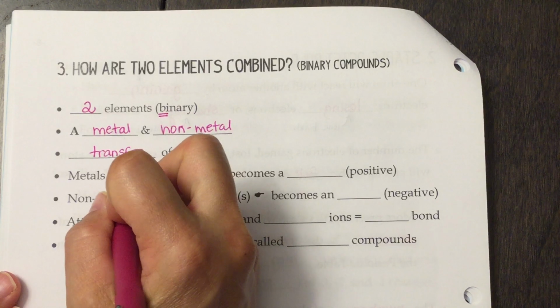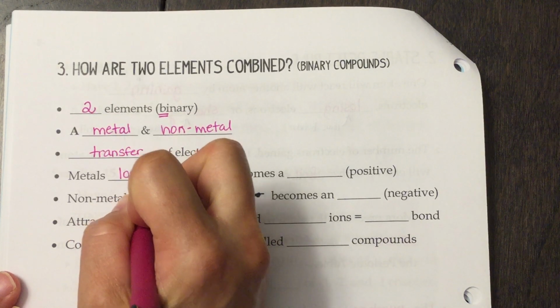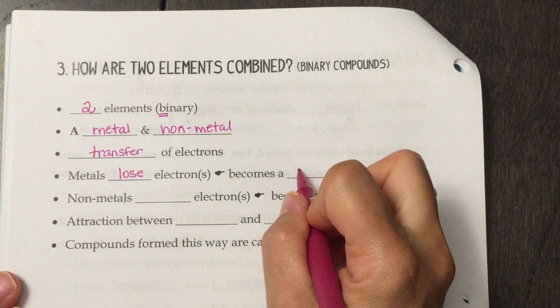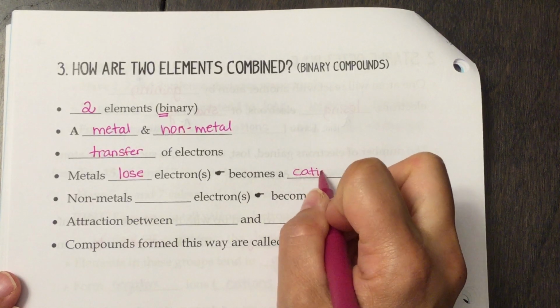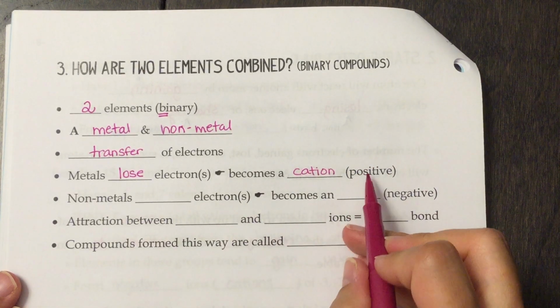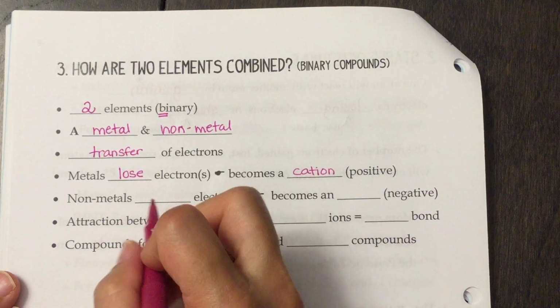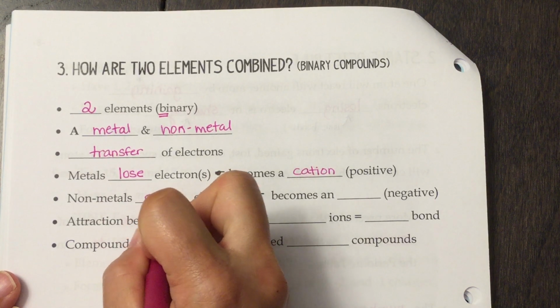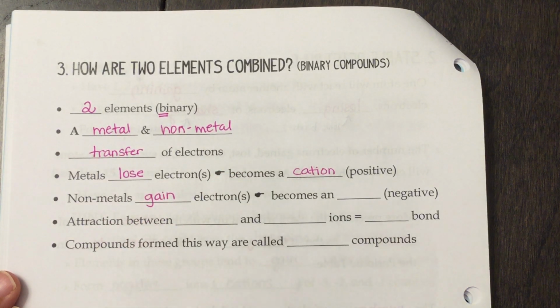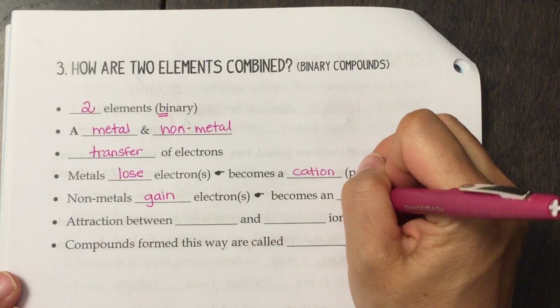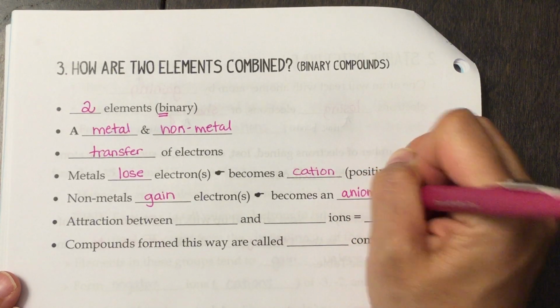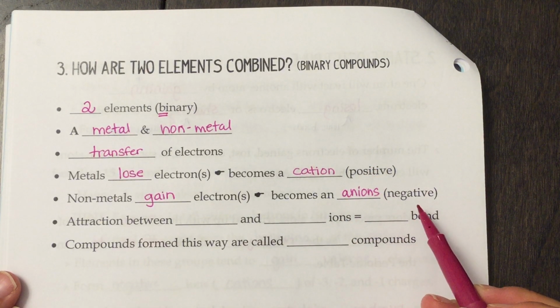The metal is always going to lose the electron and it becomes a cation. It has a positive charge. Nonmetals always gain electrons and they become anions. They have a negative charge.